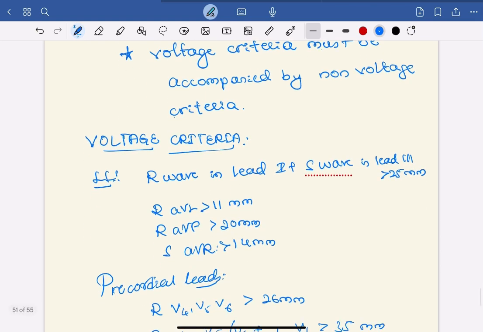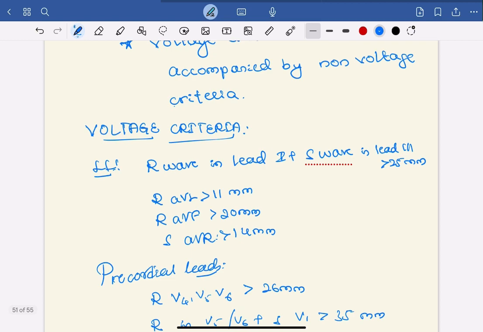In limb leads, R wave amplitude in lead 1 plus S wave in lead 3 has to be more than 25 mm, R wave amplitude in aVL has to be more than 11 mm, R wave amplitude in aVF more than 20 mm, and S wave amplitude, that is the depth of the S wave in aVR, has to be more than 14 mm. These are a few limb lead voltage criteria to identify LVH.